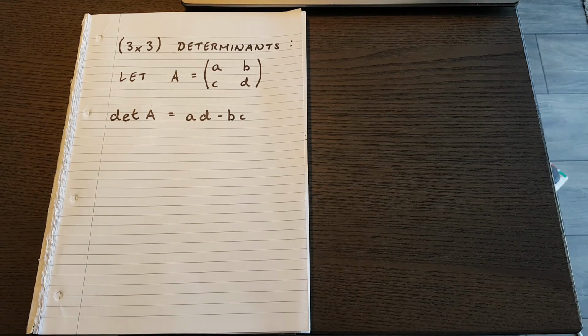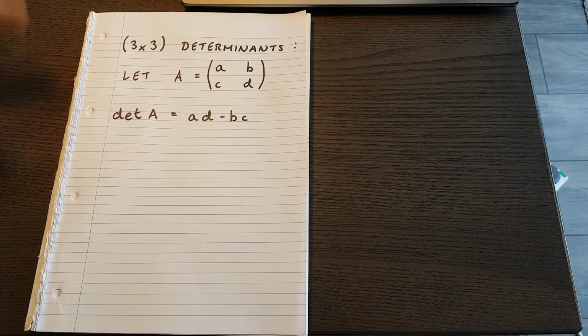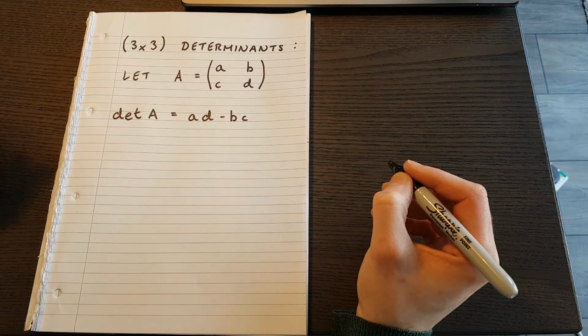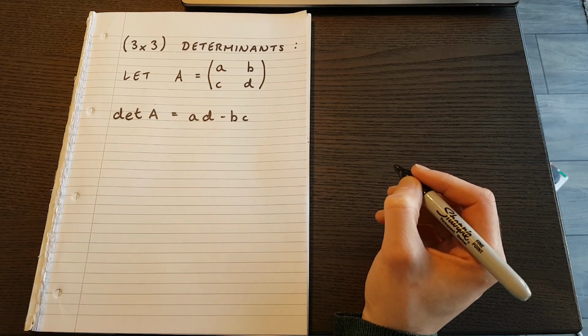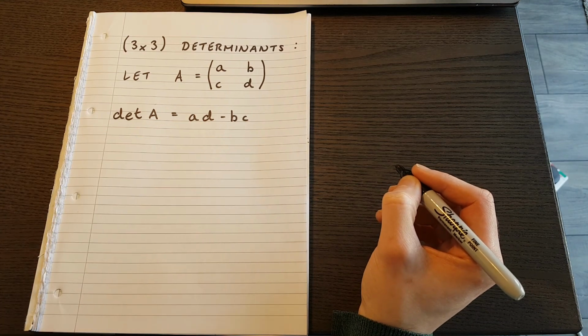Determinants for every square matrix always follow this kind of pattern. I told you this as a formula, but I want to show you a way that this works.